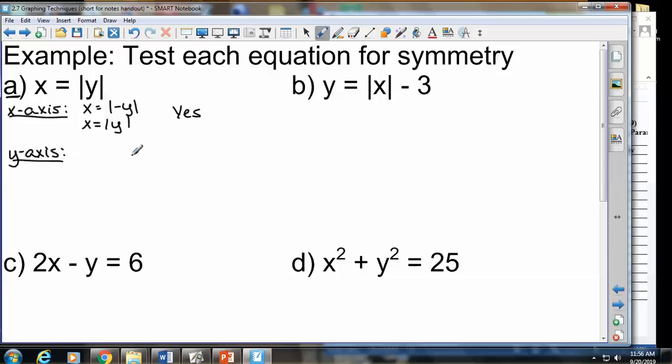To check symmetry to the y-axis, you make your x negative. If I make my x negative, is there any way to get rid of that? No. So is it the same as the original? No. So this one is not symmetric to the y-axis.